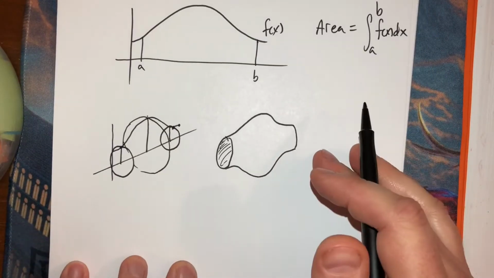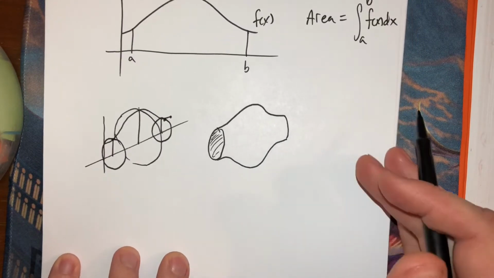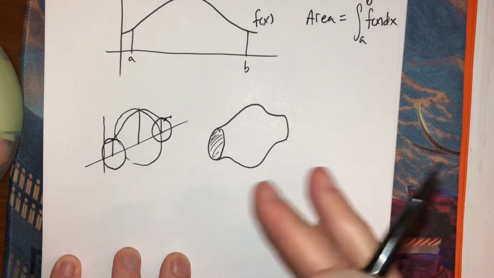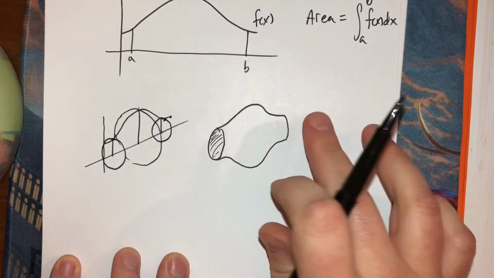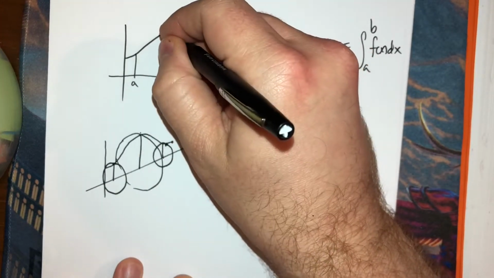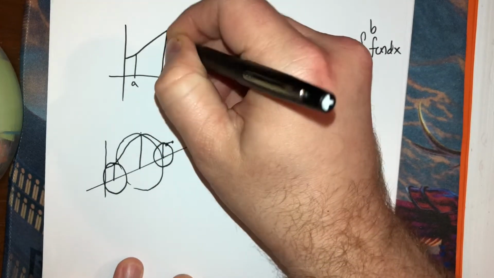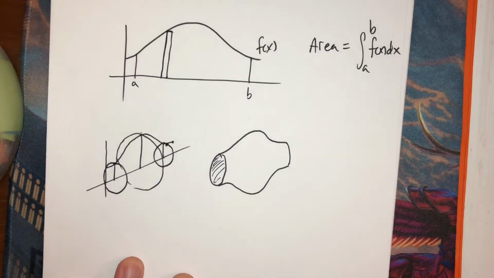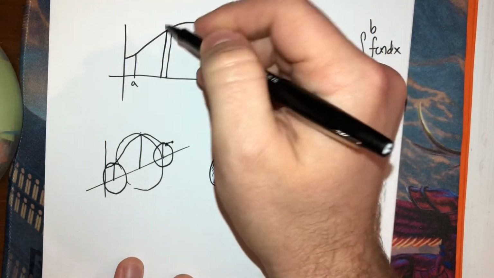The thing is, this volume is not that hard to find if we break it down and think about it at its fundamental level. So instead of thinking about this bizarre shape, let's take a single spot and make a really tiny rectangle, which should call back Riemann sums for you. Take a little tiny rectangle and spin it around.